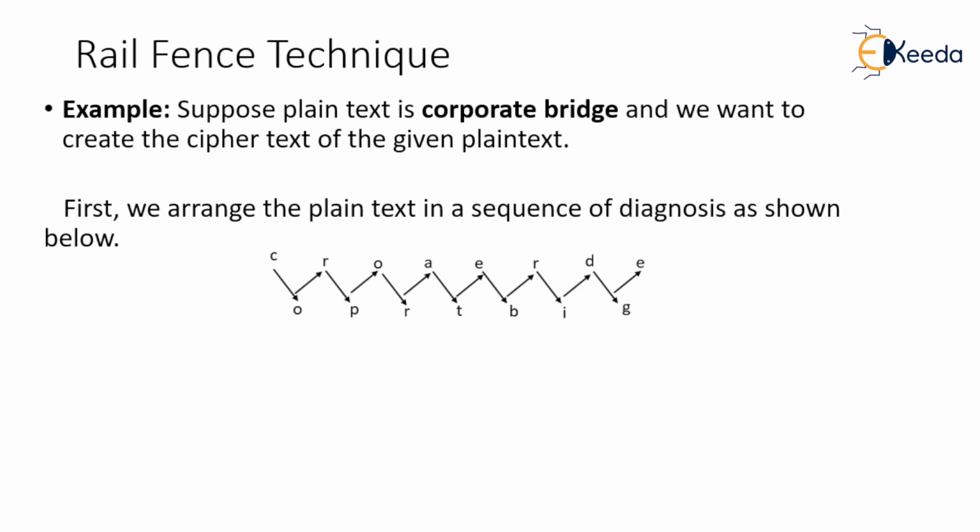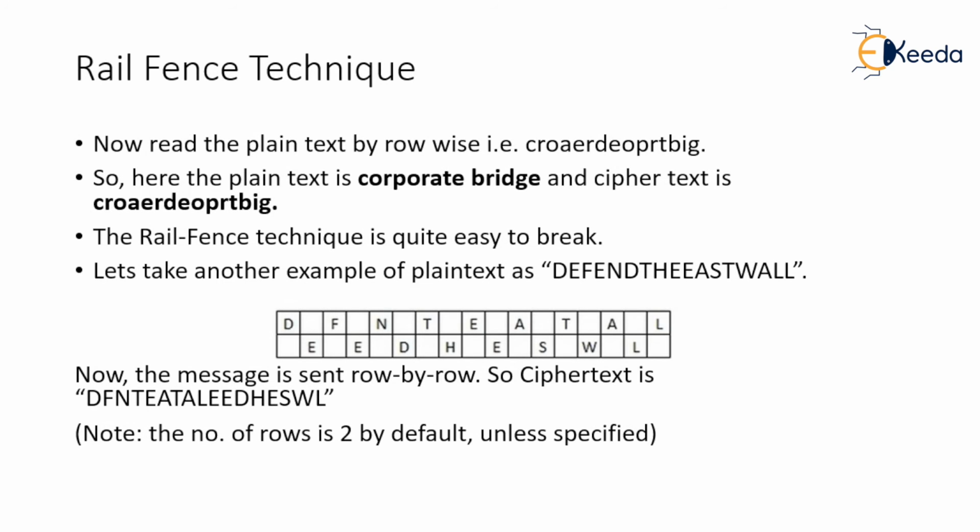Now, when we have to write the ciphertext of this plain text, how will we write? We will write all the letters falling in the first row first, followed by all the letters falling in the second row. So the plain text corporate bridge is now converted into the ciphertext CROARDEOPRTBIG.